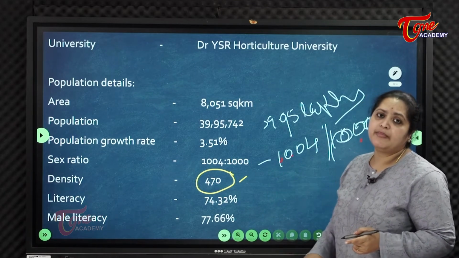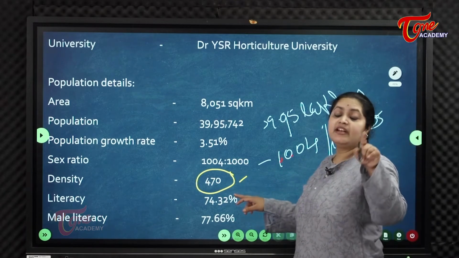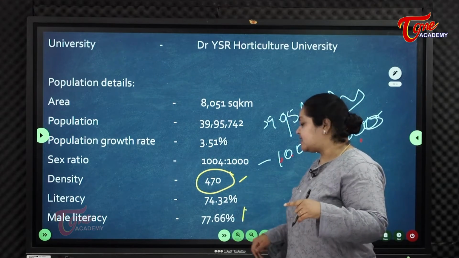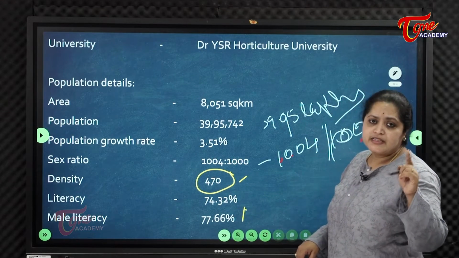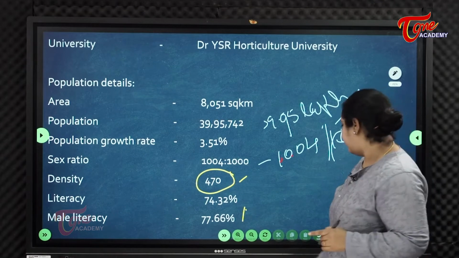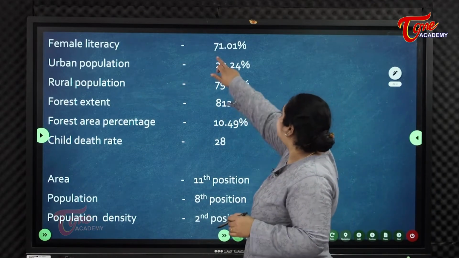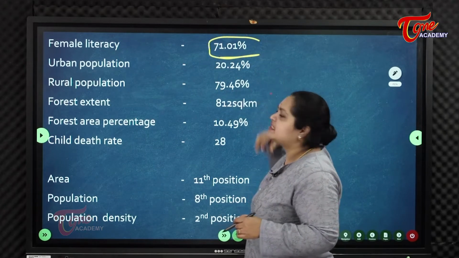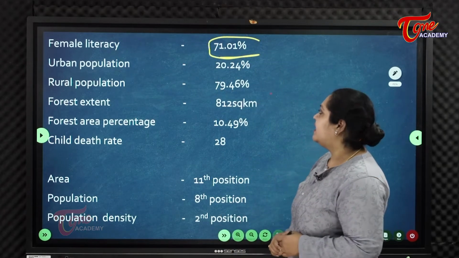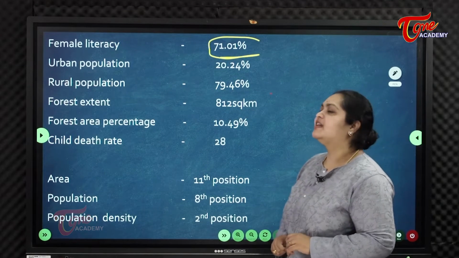In that, male literacy, 77.66 is the male literacy rate. Female literacy, 71.01% is the female literacy. Next, urban population. What is the urban population?